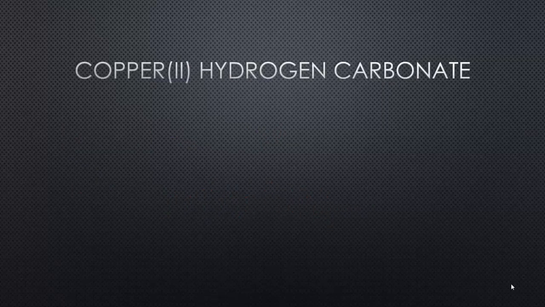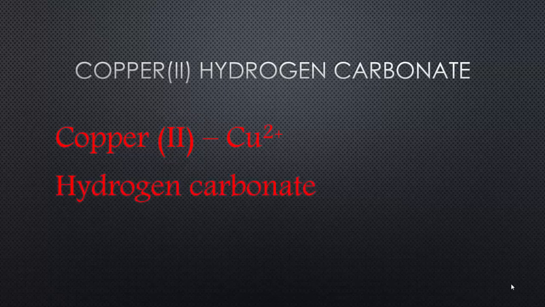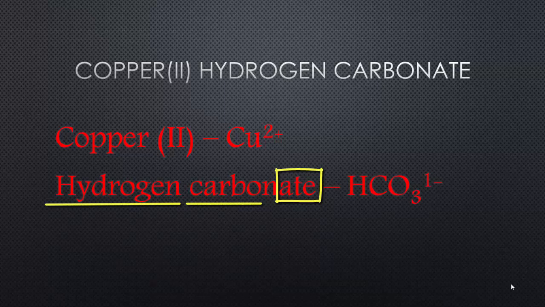How about copper 2 hydrogen carbonate? Well, copper 2, because of the Roman numeral, and this being a transition metal, we know is Cu2+. Hydrogen carbonate is definitely not a monoatomic ion, the most obvious reason being it ends in ATE. Also, you can see the word hydrogen and the prefix carbo. So when it is looked up on the sheet, you see HCO3 1-.